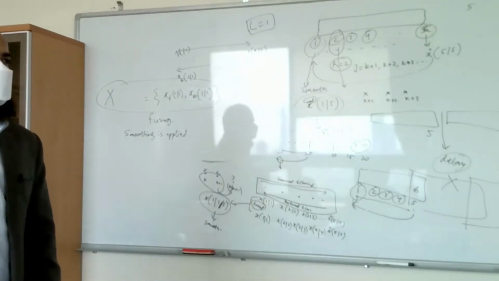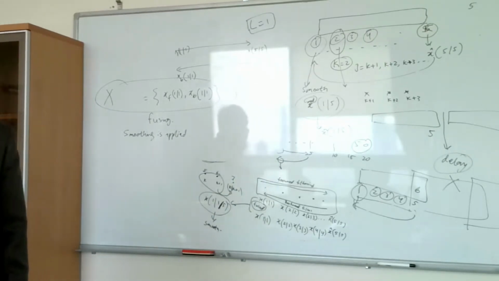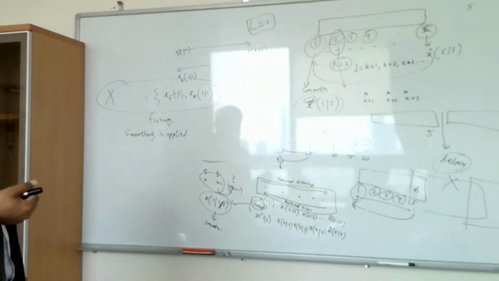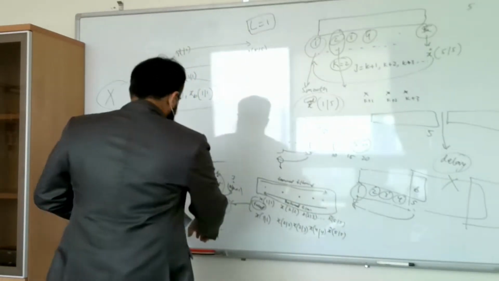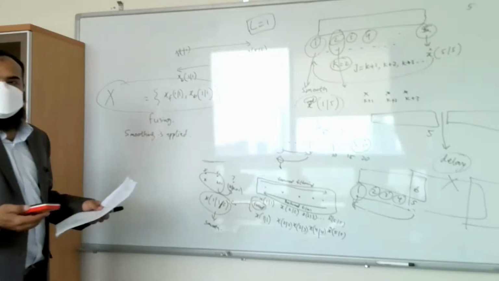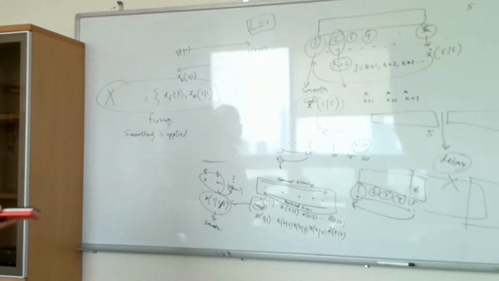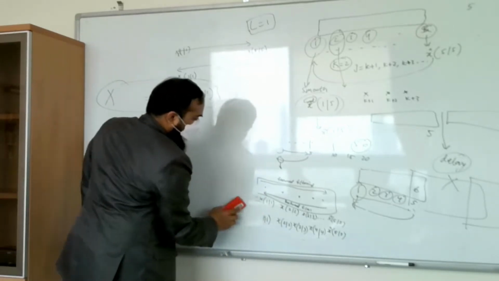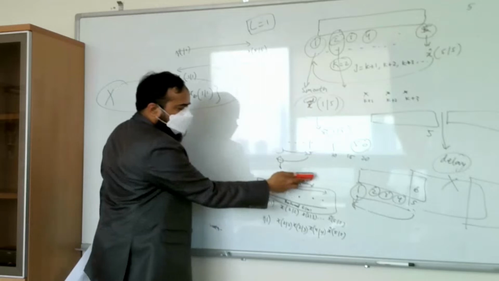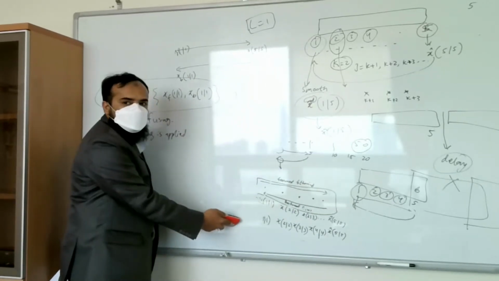So for those real-time applications which can tolerate some delay, you can apply the smoothing. Let's see the derivation; when we see the derivation, then you can understand everything. So the main steps are forward filtering, then backward filtering, and then fuse and smooth.